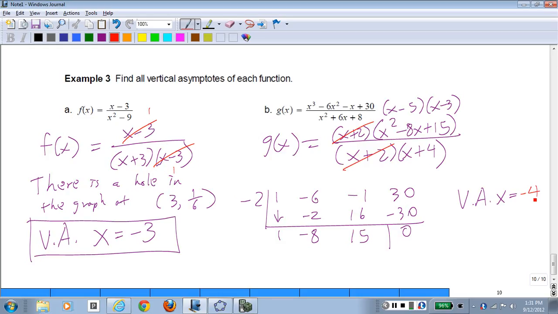But x equals negative 4 makes the denominator 0 without making the numerator 0. It makes the numerator something else, but not 0, because x plus 4 is not a factor of the numerator. So that's what we have, x equals negative 4.